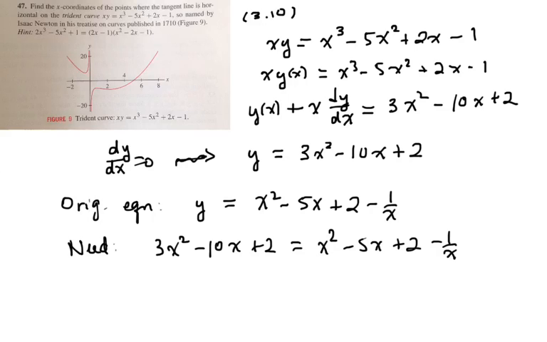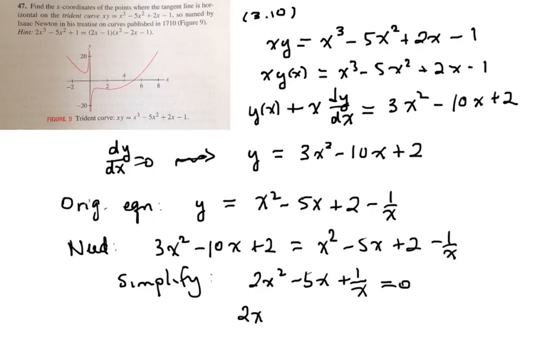We need to find the x values that satisfy this. So if we rewrite this, gathering all the terms up, we get 2x squared minus 5x plus 1 over x equals 0. The 2's cancel on both sides. If we multiply through everything by x, we get 2x cubed minus 5x squared plus 1 equals 0.